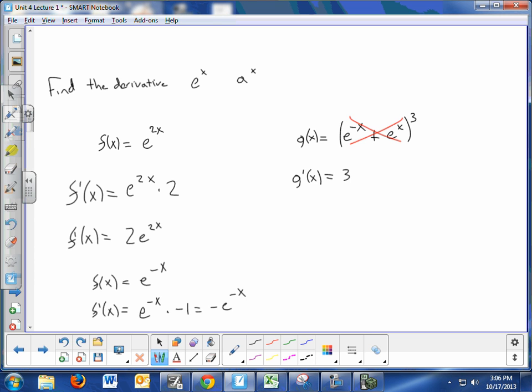That's 3 big red x squared times the quantity, which is the derivative of the inside. We talked about the derivative of e to the negative x being negative e to the negative x, and we've talked about the derivative of e to the x being just e to the x. Okay? That's it.